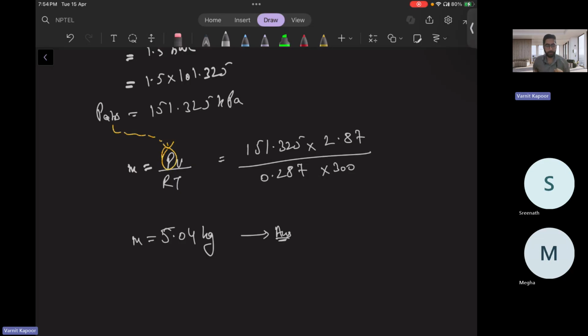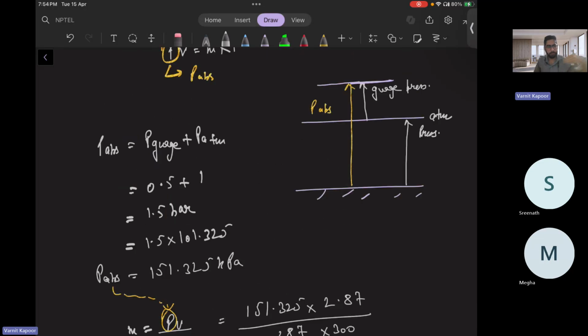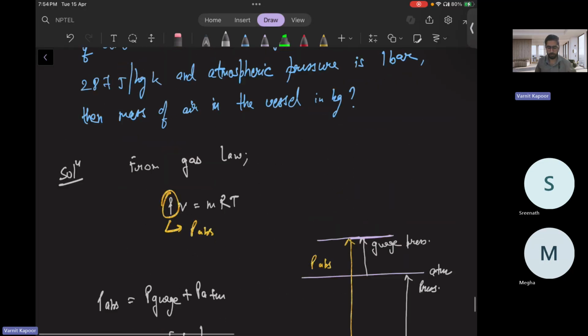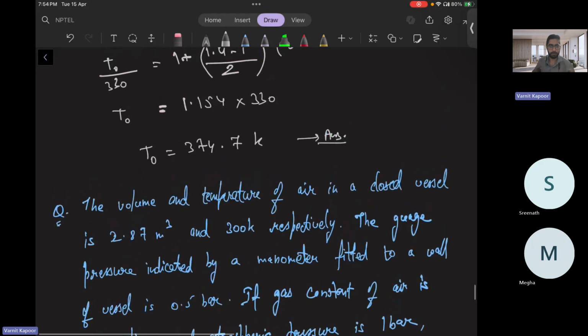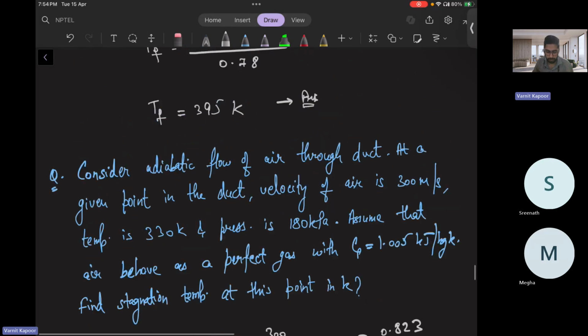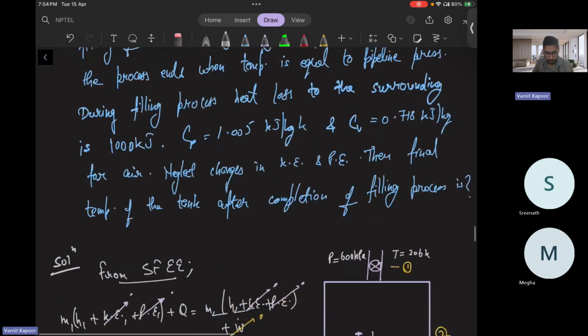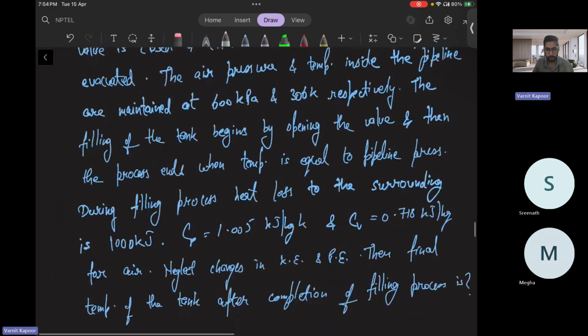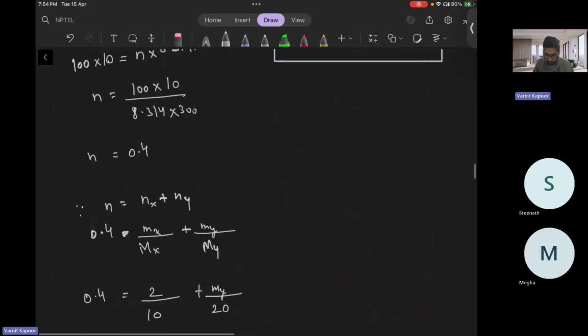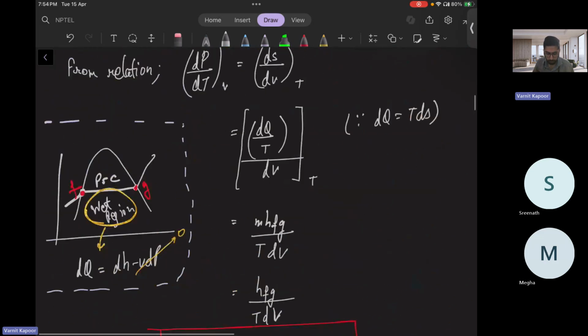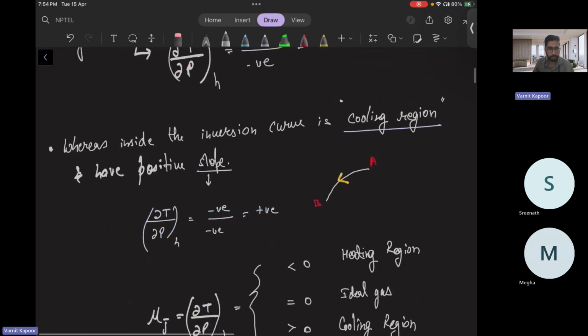We have done quite a lot of questions, starting from the initial chapters to the later ones till pure substance. I wanted to cover this so that we have a quick revision in the form of questions, as well as the new stagnation temperature topic. So this is all from our end for the course NPTEL Thermodynamics.